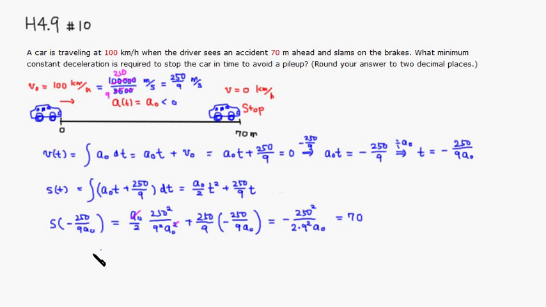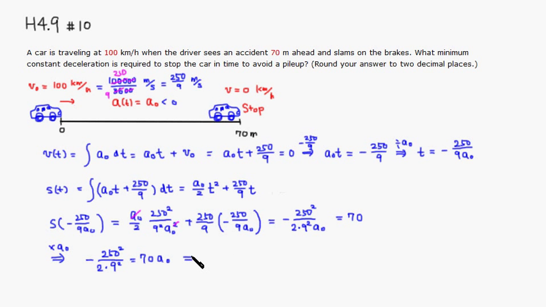First step, we multiply both sides by a0. That way you get negative 250 squared over 2 times 9 squared is equal to 70 a0.